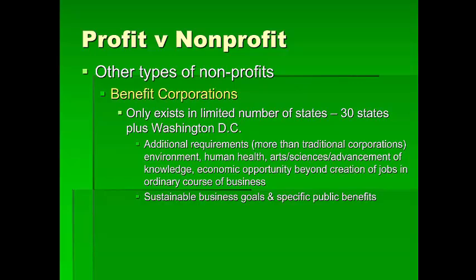So, requirements are these different purposes, like a mission for the environment, for human health, hard sciences, advancement of knowledge, economic opportunity beyond the creation of jobs in the ordinary course of business, and they can also have sustainable business goals and specific public benefits.